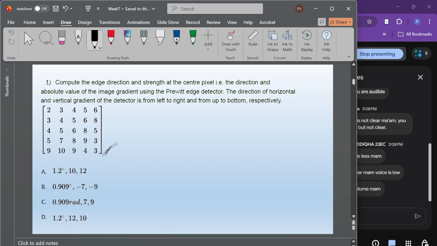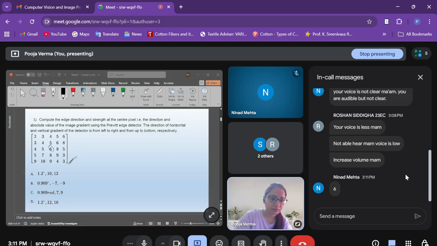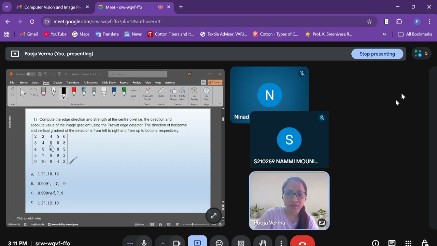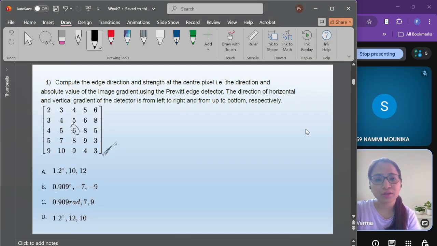So which one is our center pixel? This one, right? Six. Yeah, okay, the center pixel is six, right? So how can we calculate this?